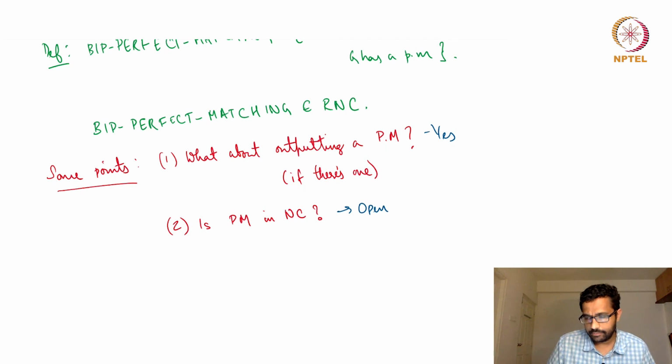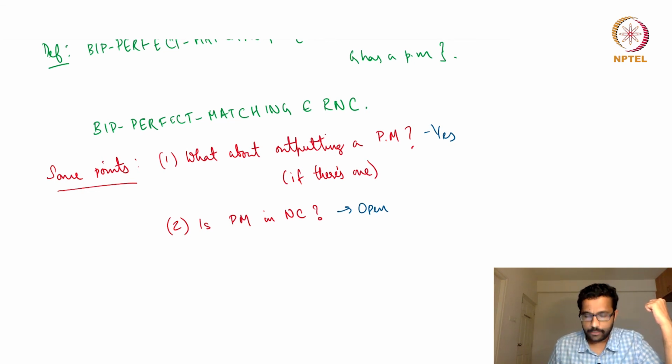We will see it also. This is still unknown. There has been a lot of work, even recently, in the last 5-6 years, where people have proved that for some special cases of graphs, perfect matching is in NC. For instance, for planar graphs, perfect matching is in NC, but still the general question is open.